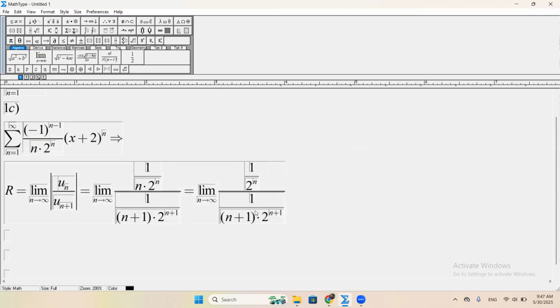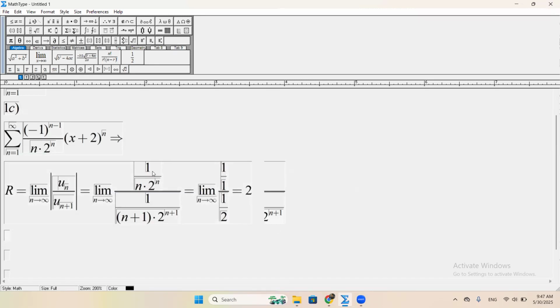So n and n plus 1 will be cancelled because they are equivalent at infinity. Then we will cancel n. So actually we will receive 2.